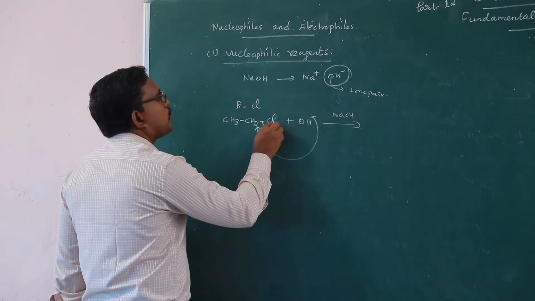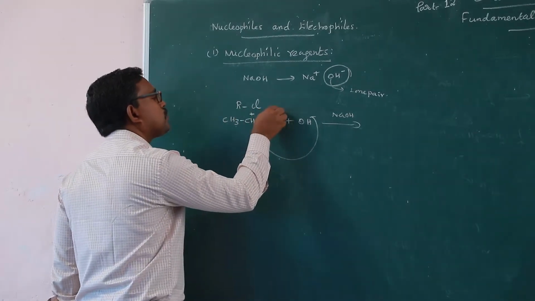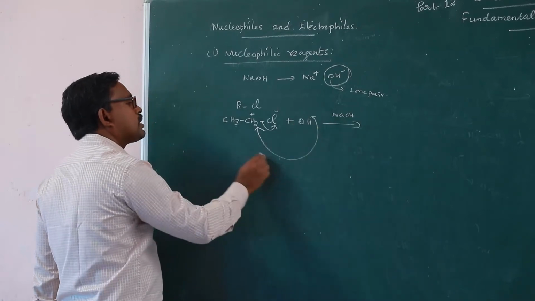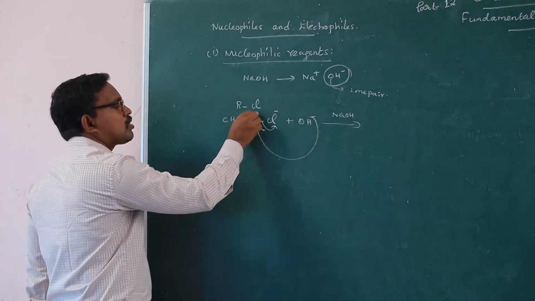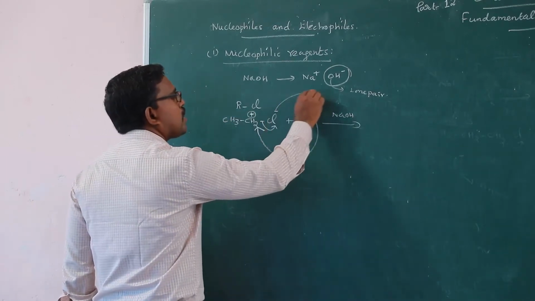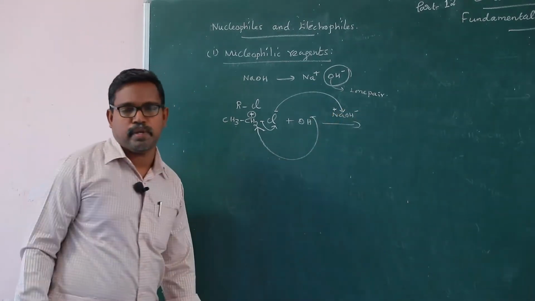So this bond moves towards the chlorine. It becomes positive charge, it becomes negative charge. This OH minus ion attacks this CH2, electron deficient center. The Cl minus ion attaches to this Na plus because Na plus and OH minus.